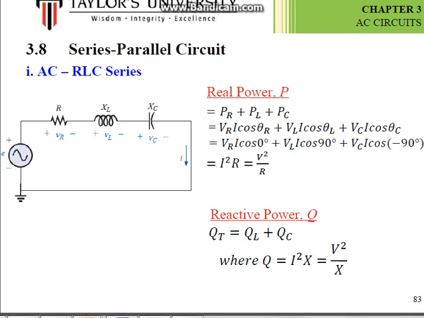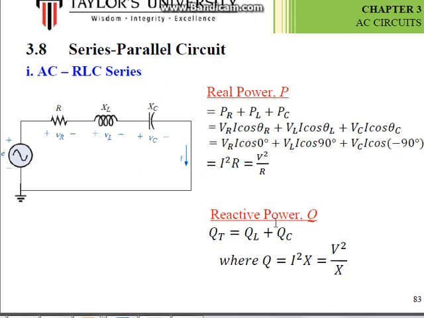Same goes for here. In this case, real power is only my R as usual, but for reactive power, Q, I have L and I have C. Therefore, I need to take into account both together. So we find each individually and add those up together, and that will be my reactive power.